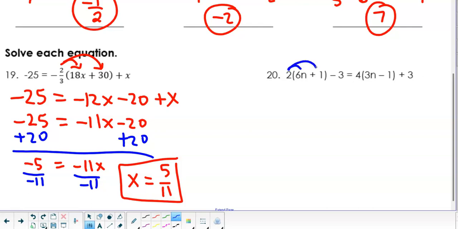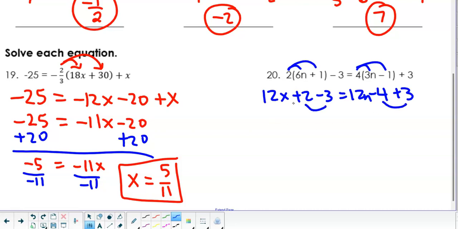For the last question, when I distribute on the left, I get 12n plus 2, and the minus 3 stays at the end. On the right-hand side, I'm going to get 12n minus 4, and the plus 3 stays at the end. When I combine like terms on each side, I'm going to get 12n minus 1 equals 12n minus 1.